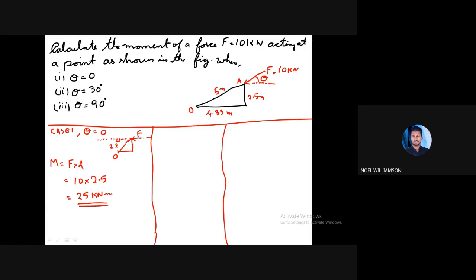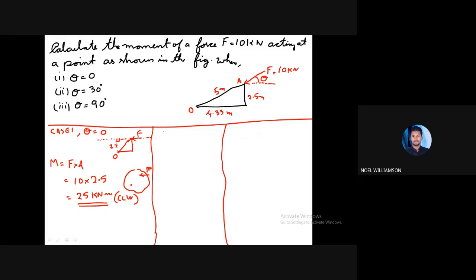Just think. You have a body like this, and you have a point O and another point A here, and you are giving a force like this. So is it rotating in the counterclockwise or clockwise direction? Yes, counterclockwise direction. So in brackets you can mention counterclockwise. So this is how you have to find the moment.